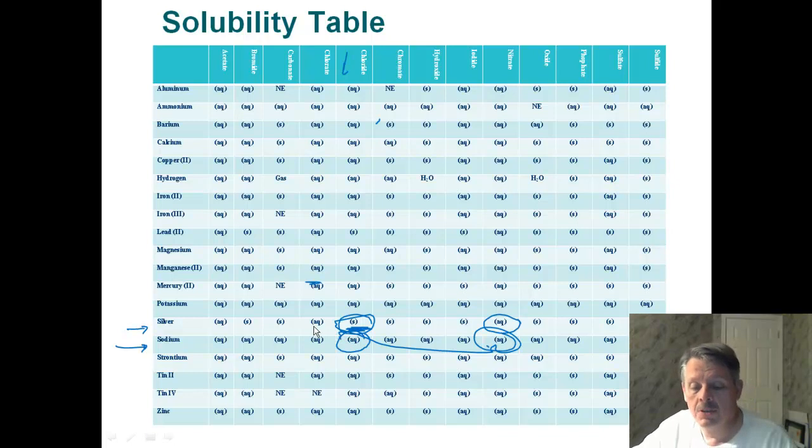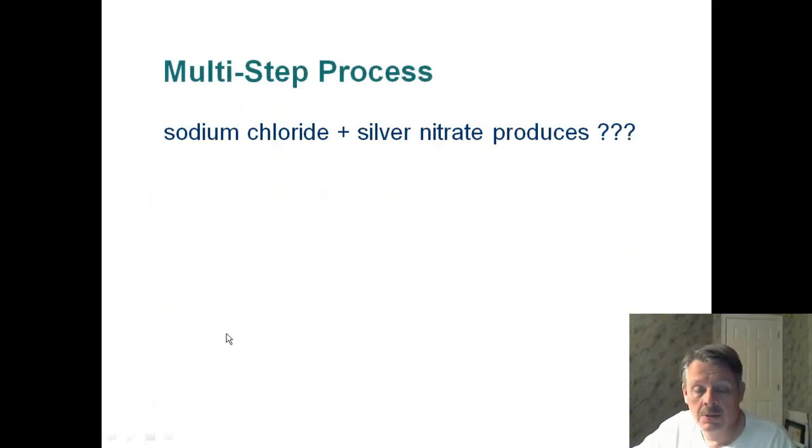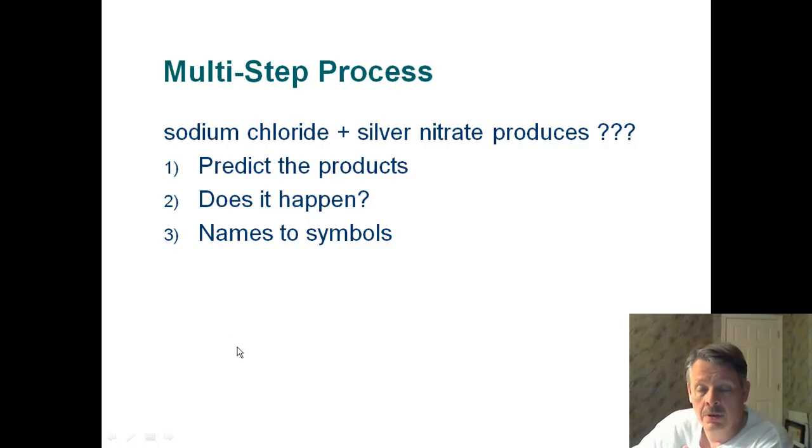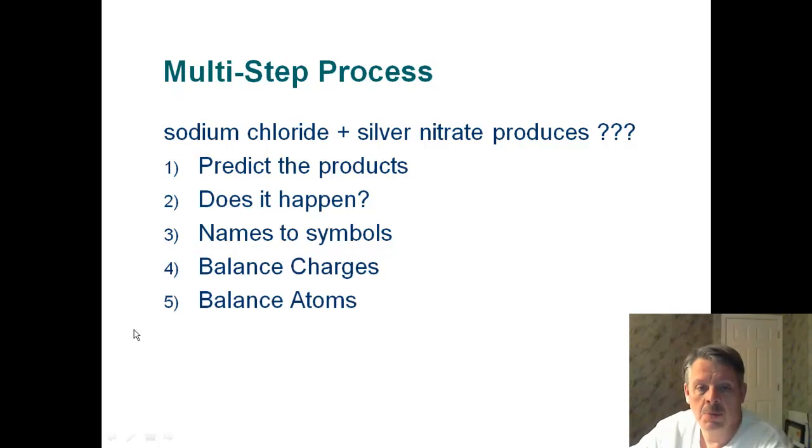Right? So let's actually go back and do this. We've already predicted the products, and we have said it happens, and the reason we know it happens is the two things on the left, the reactants, are both aqueous, and one of the products is solid. So let's go ahead and do this.